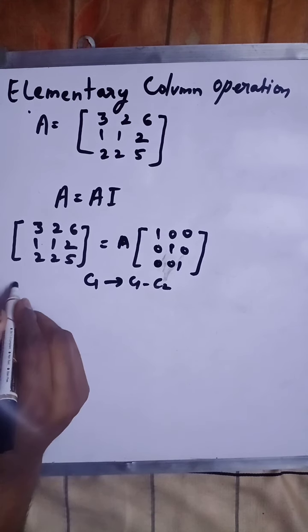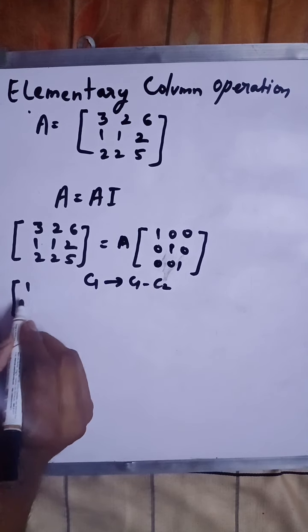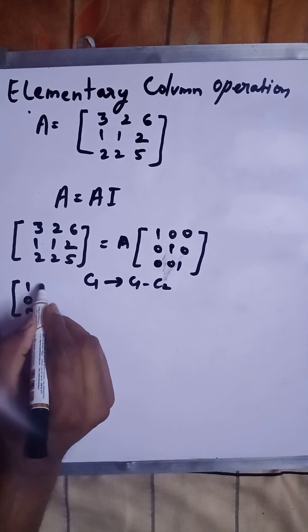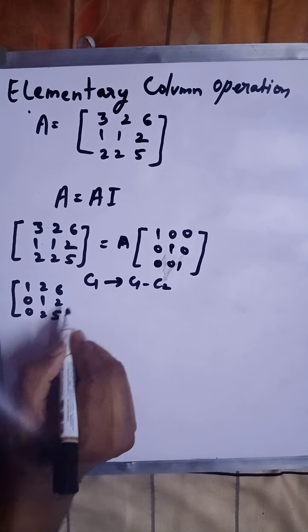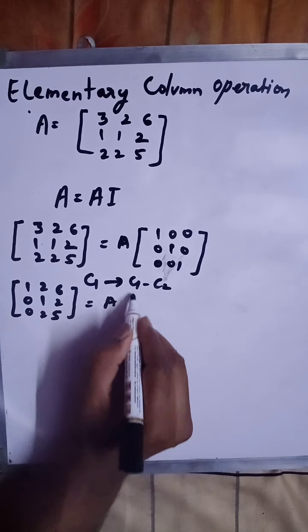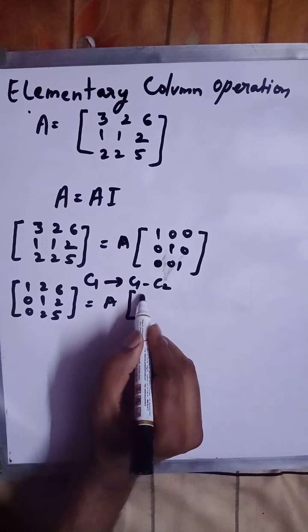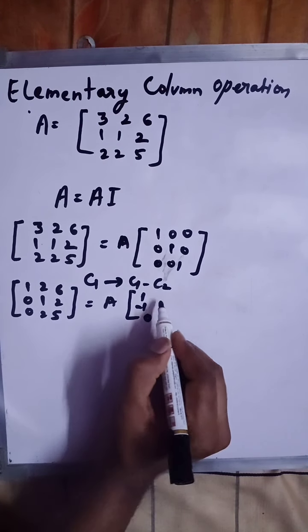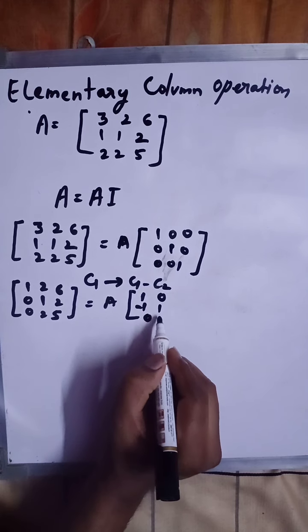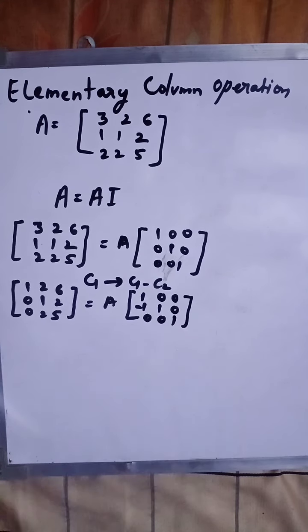If you do this, you will get this minus this, that would be 1 0 0, 2 1 2, 6 2 5, A, and the same operation you have to apply here. This minus this would be 1, this minus this would be 1, and 0 0 1, 0 0 0 1. So this is your first operation.